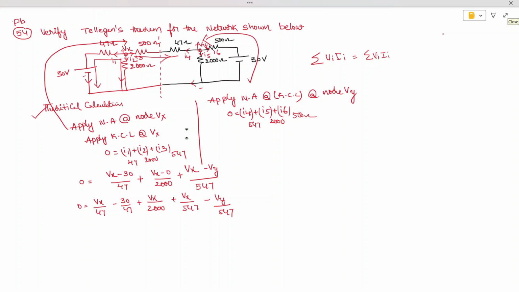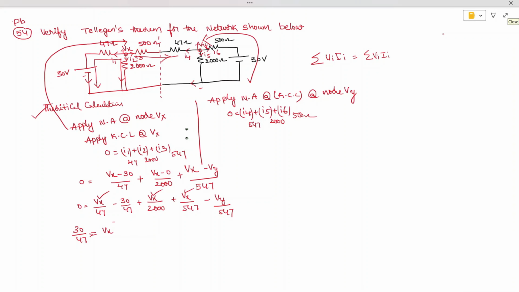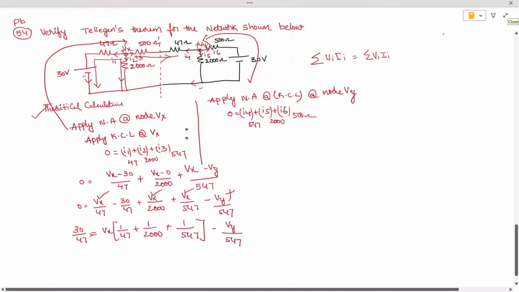I can bring the constant to this side and write 30 by 47 is equal to, taking the Vx term as common, Vx of 1 by 47 plus 1 by 2000 plus 1 by 547. Next take the Vy term as common, which is nothing but Vy divided by 547. Then we will be getting these values.